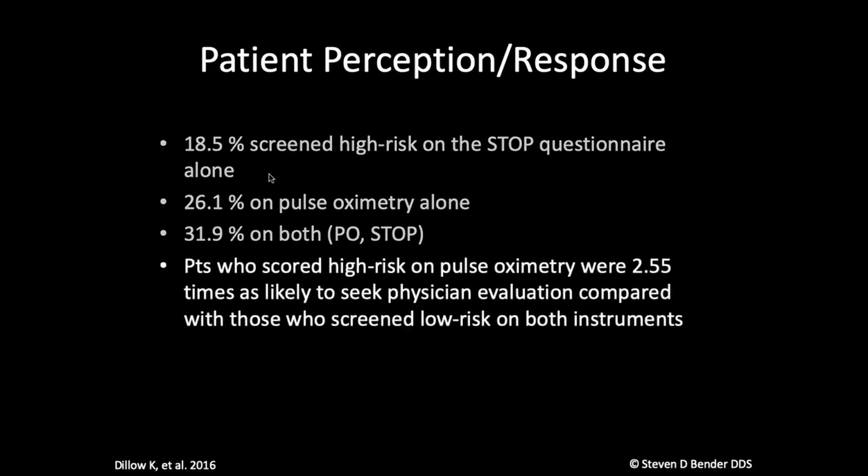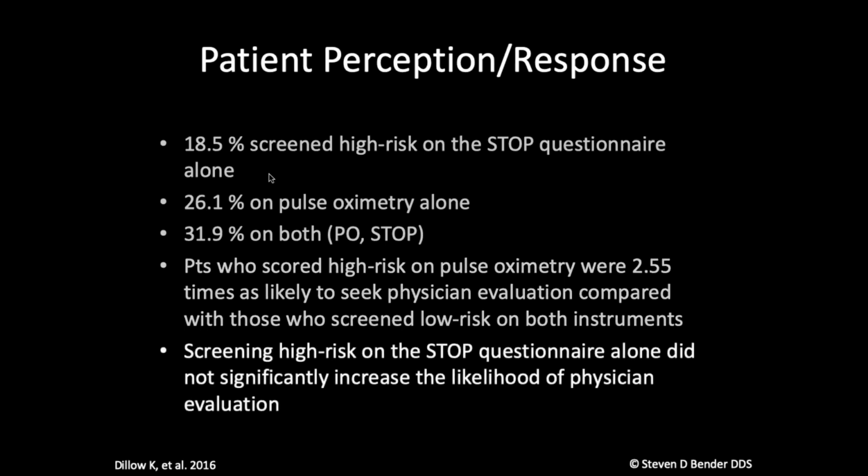Of those, the people that scored high risk on pulse oximetry, they were 2.5 times more likely to seek a physician evaluation compared to those who screened on either one by themselves. I'm sorry, on both, on the STOP questionnaire alone. I worded that wrong.